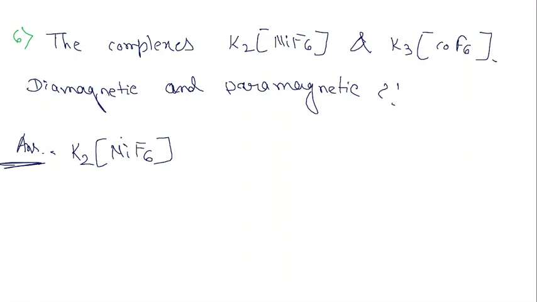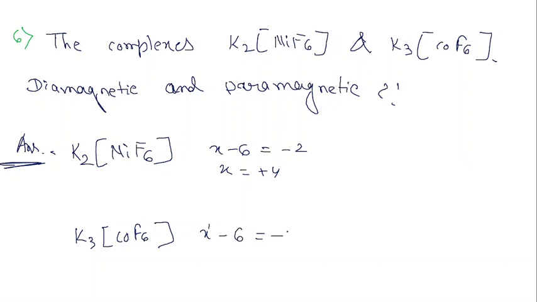Okay, now tell me what is the oxidation state of nickel here. It is +4 here, +2 and +3 in the others. So these will be the oxidation states of the central metal ion.